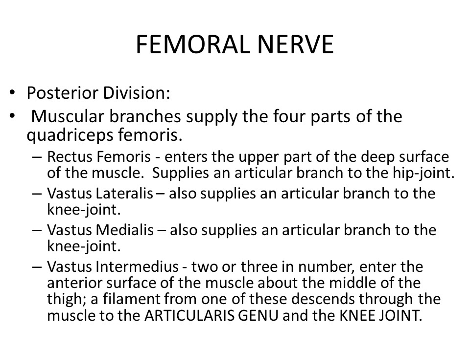The nerve to the vastus lateralis also supplies an articular branch to the knee joint. The nerve to the vastus medialis also supplies an articular branch to the knee joint.